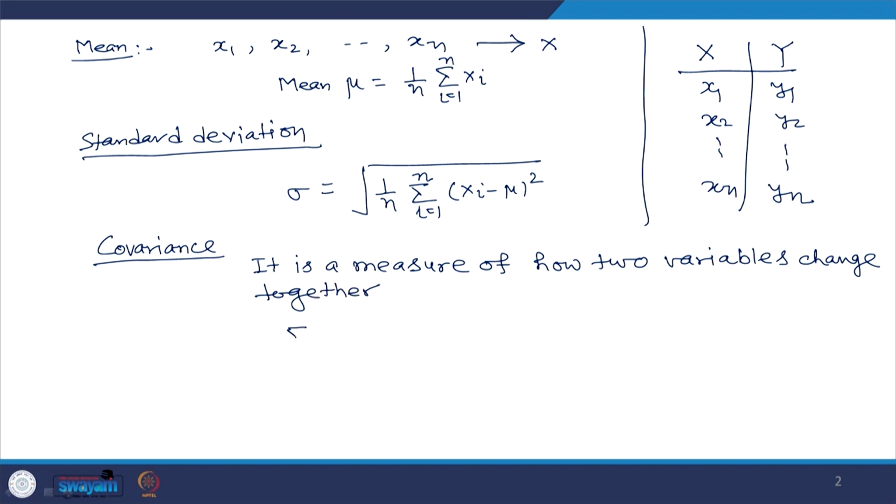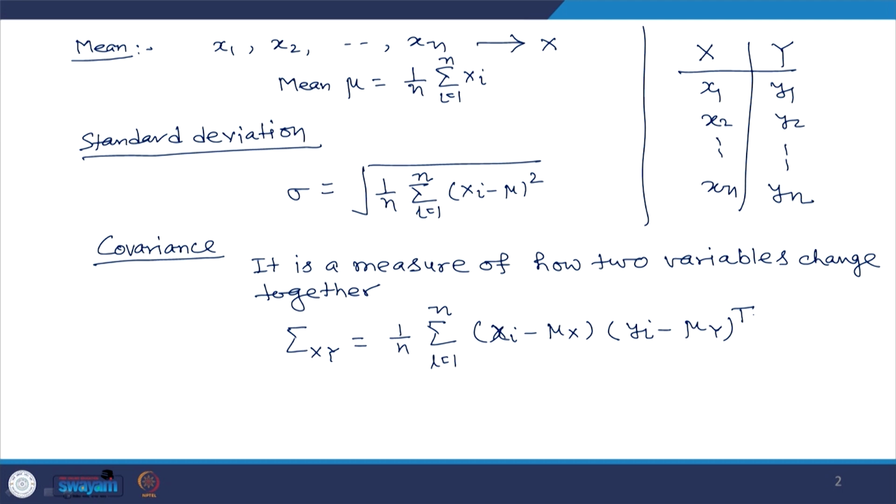And it is defined as sigma xy, like for this x and y, 1 by n, because n is the number of samples, summation i equals 1 to n, (xi minus mu x)(yi minus mu y) transpose.